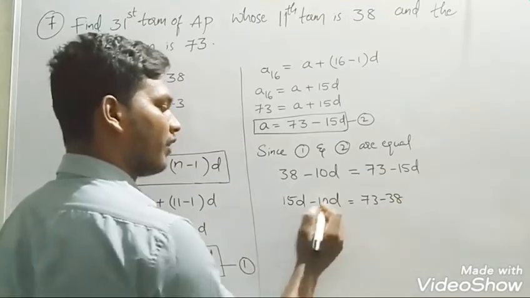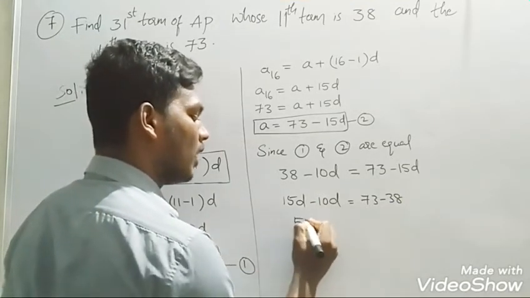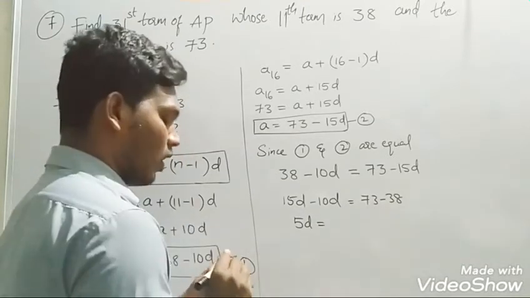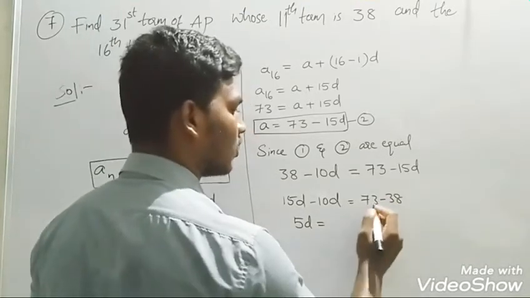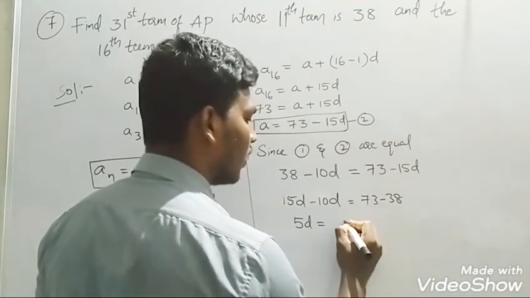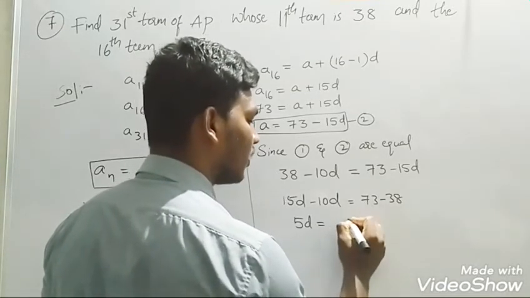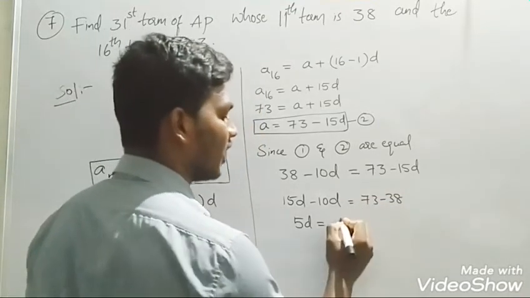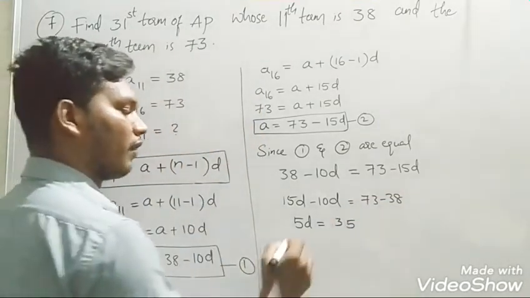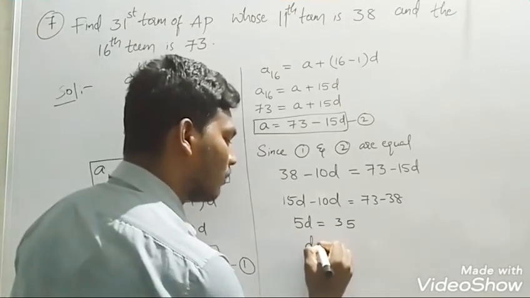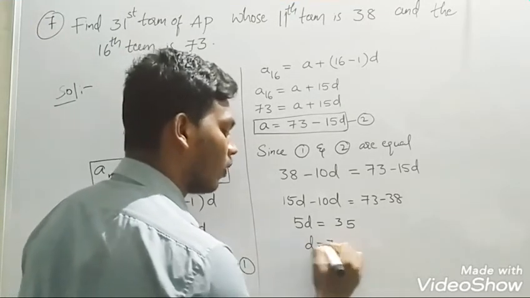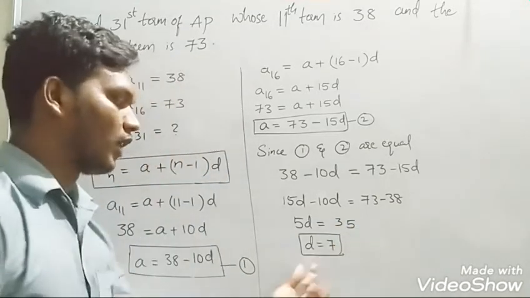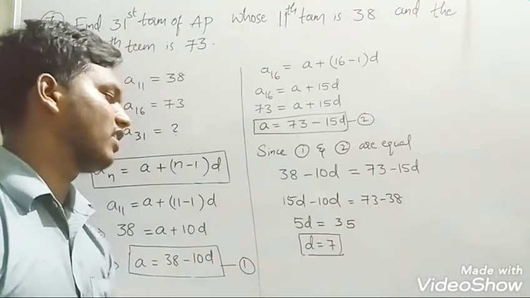So 15d minus 10d is 5d, equal to 73 minus 38. 73 minus 38: 13 minus 8 is 5, and 6 minus 3 is 3. So 5d is equal to 35, that means d is equal to 7. 35 by 5 is 7. Finally we got the common difference, d is equal to 7.